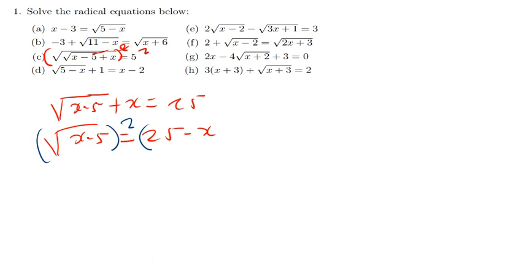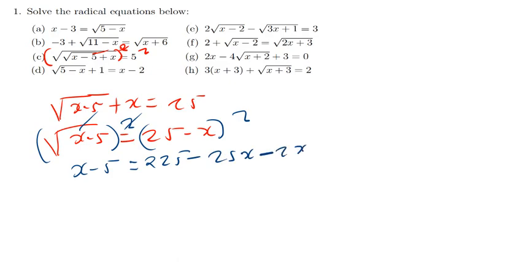Again you square. So this and that will cancel. I'll have x minus 5 is equal to 25 times 25 is 225. 25 times x is 25x. x times 25, 25x. And negative x times negative x is x squared.